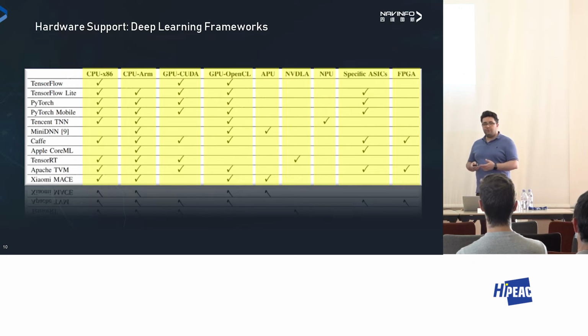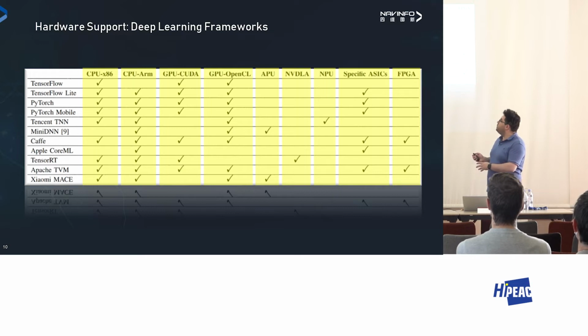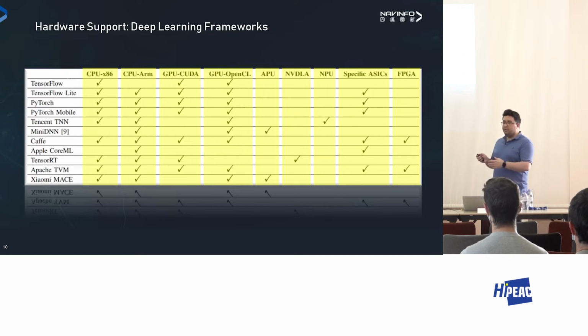There are some processors or SoCs which include the APU, like the G90 mobile processor, which has an integrated APU. But you see that if we want to program that or launch something on that, which is actually specifically designed for deep learning, we cannot use any of these frameworks.